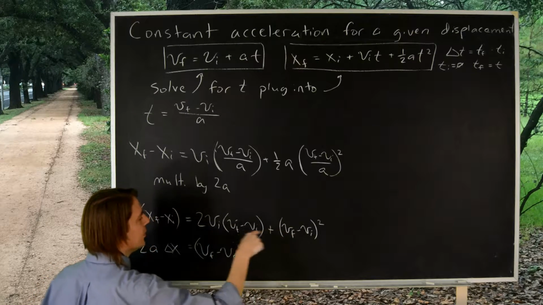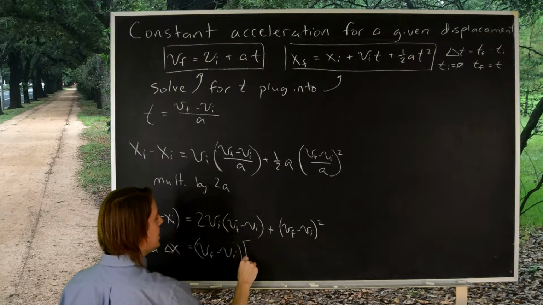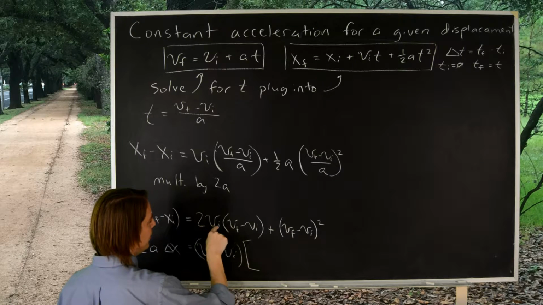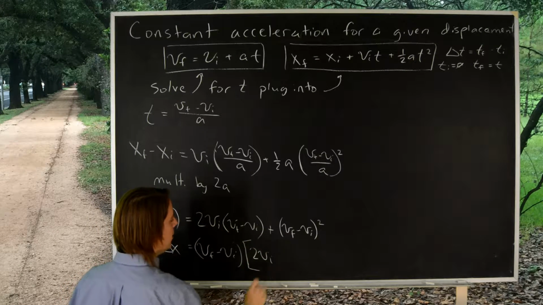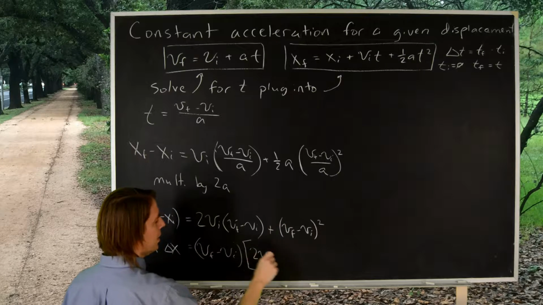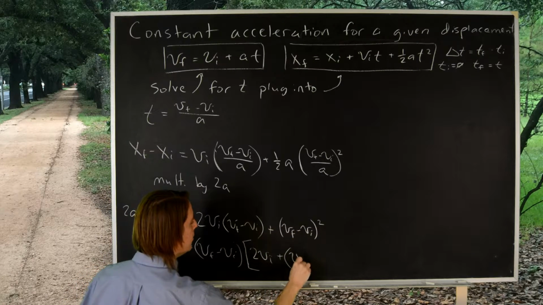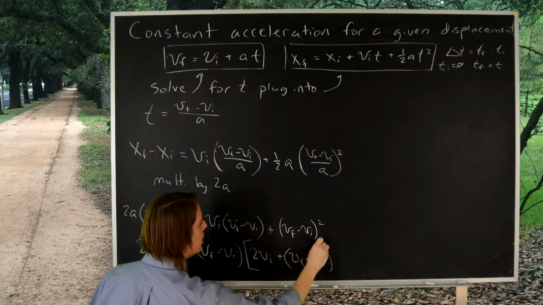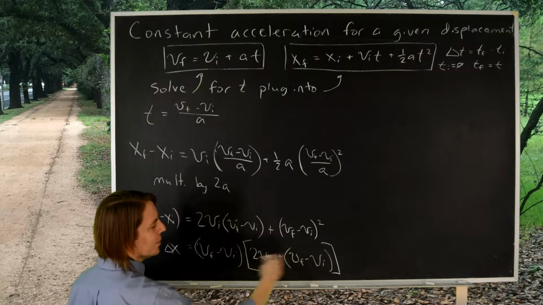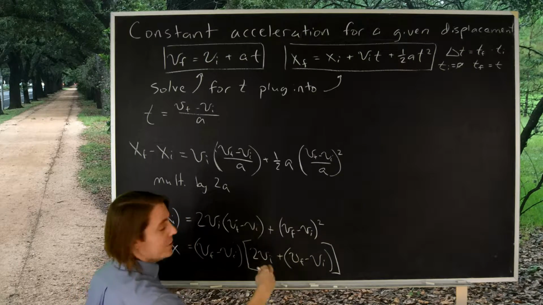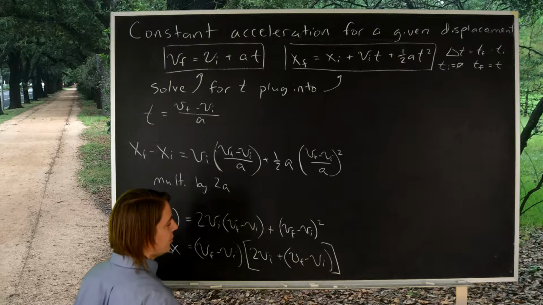Both terms in this sum have that in them, which will leave you with what's left here, 2 V_i, plus what's left here is another V_f minus V_i. And you can balance out all your parentheses, but you don't really need to. Really, these are all just 3 summed terms.